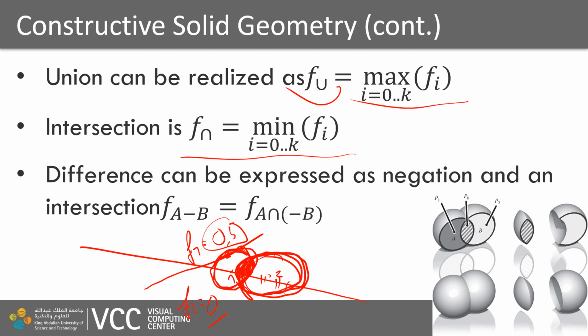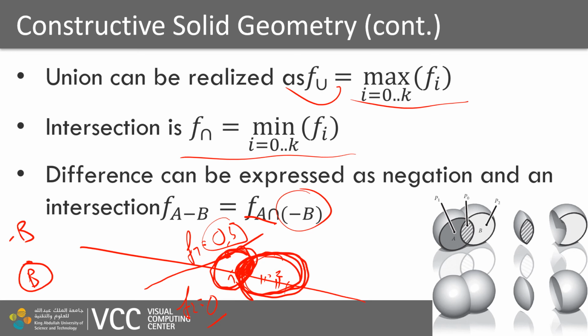And then we can also have the difference operator, which can be expressed as an intersection of A with the complement of B. So if this is our object, let's say this is B, all the space around is minus B. So that's its complement.